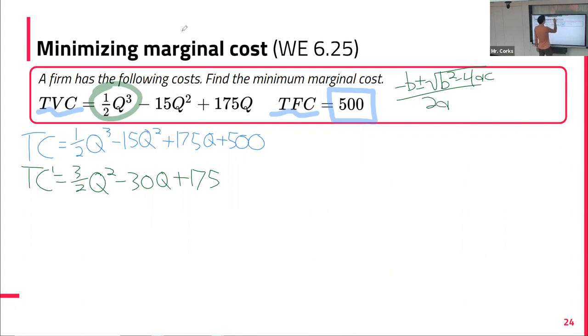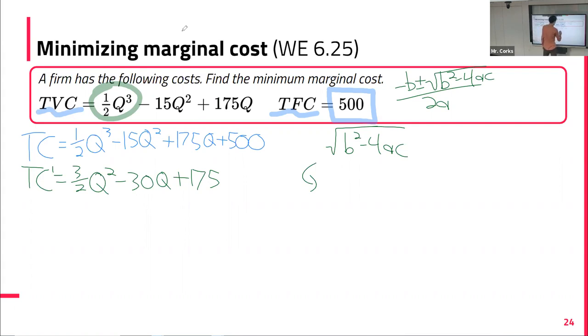The square root part, b squared minus 4ac, is the discriminant. If we put in our a, b, c and it's positive, then okay, we have roots. If it turns out to be negative, then we don't have any real roots, and that would mean no turning points for the function. So let's try that out here.